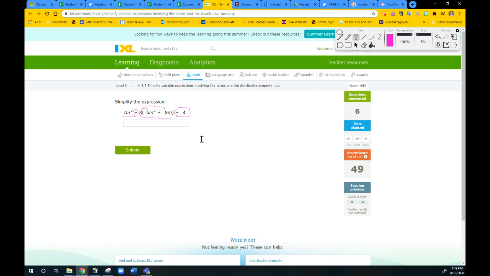So 7m squared stayed the same, okay? And then I'm going to do 8 times negative 6, which is negative, so minus 48m squared. Okay, and then minus again because why minus again? Because look, this right here is negative 6 times 8.